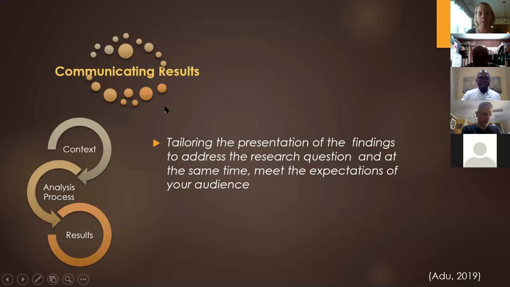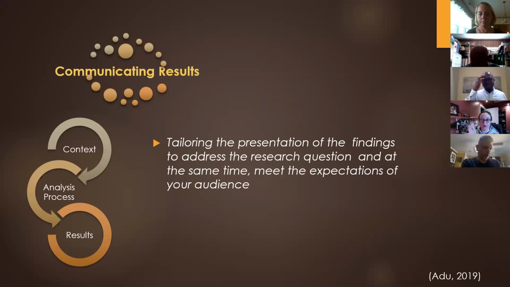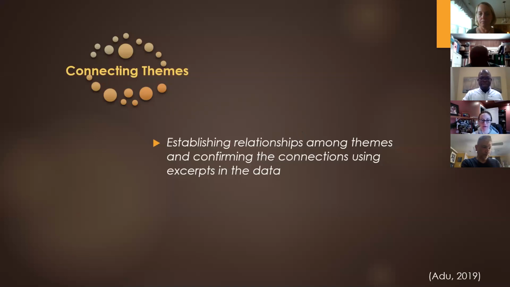Amy, do you want to ask your question? I see you have one. Yeah, thank you. Can you go back one slide, Philip? Yes. Thank you. Okay, this is pretty new to me, but I'm listening really hard, and I didn't know how to express this in my typing, so I'm doing it out loud. I'm understanding this connecting themes, and you said you get your themes, you get your codes, and then you're looking at the relationships.